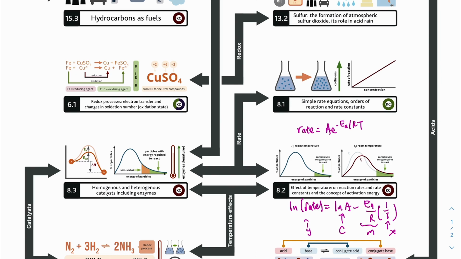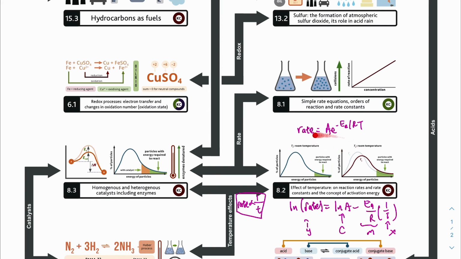By plotting a graph of log 1 over time, because you don't really measure rate, you measure the time, which is inversely proportional to rate, you can set up a table and plot a straight line graph where you can get information on this EA over R, and you can find the EA, the activation energy, for the reaction.